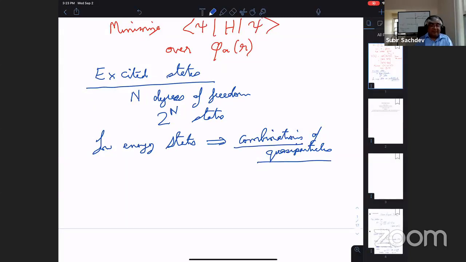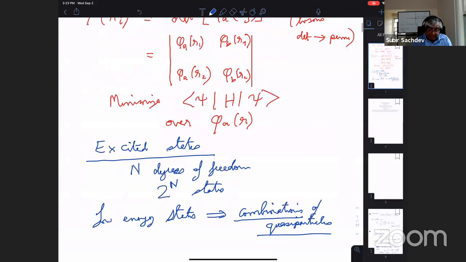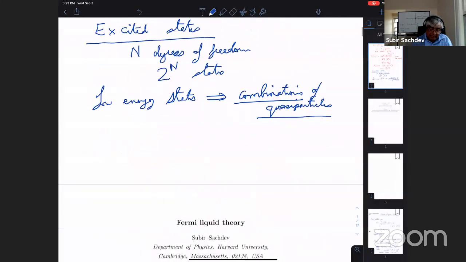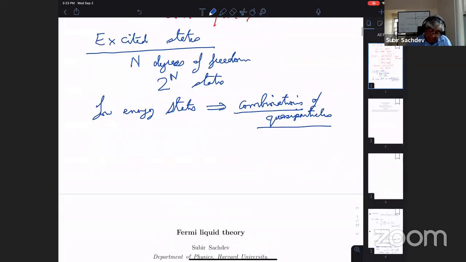And in fact, this assumption is also very, very powerful and general, and works even for many states for which the product assumption from the ground state doesn't work. But let's just talk about these types of states for now.